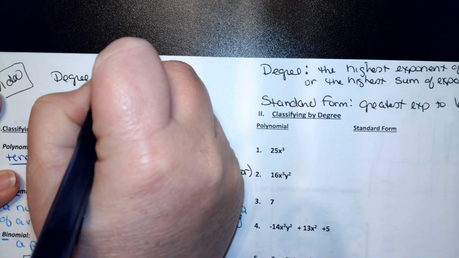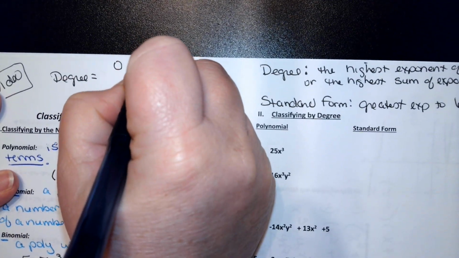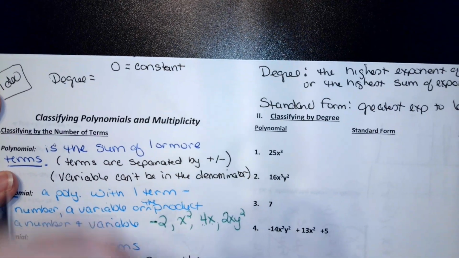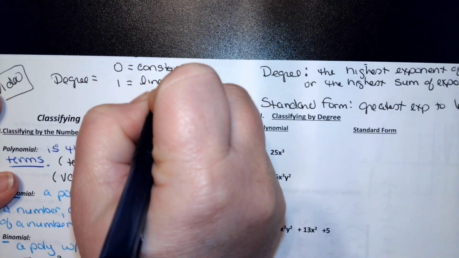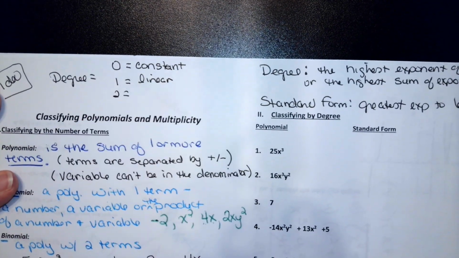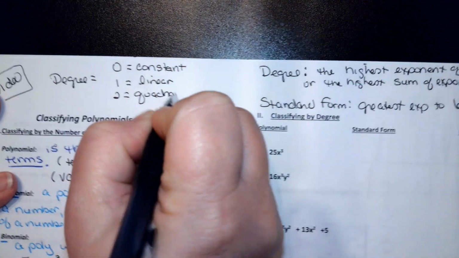If your degree is equal to a 0, then it's going to be a constant. If your degree is a 1, then it's going to be a linear function. If your degree is equal to a 2, then it's going to be a quadratic function.